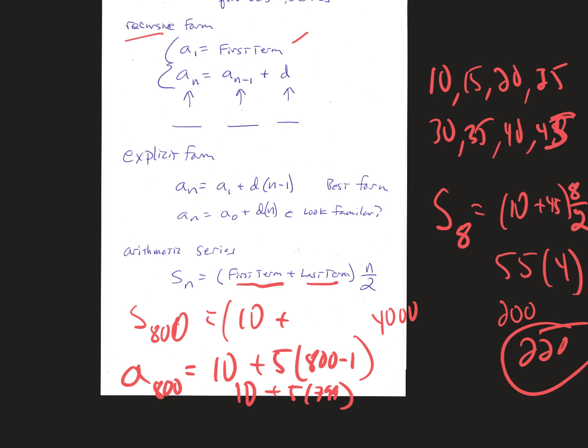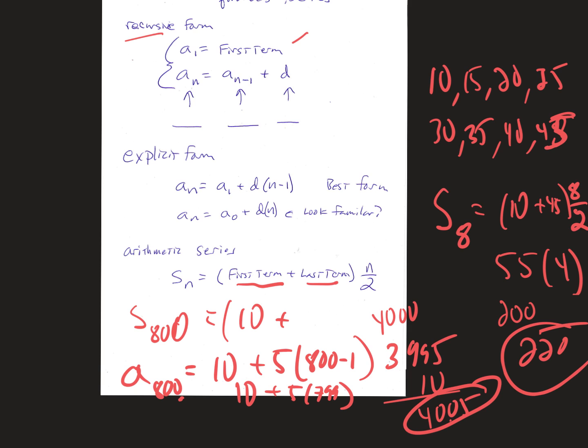I'm taking away 5, so that'll be 3,995. That's what the n minus 1 part gives, and then we're going to add 10, so that would be 4,005. So if I'm doing that arithmetic correctly, the 800th term is 4,005.